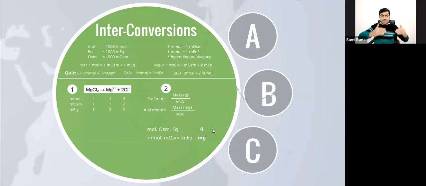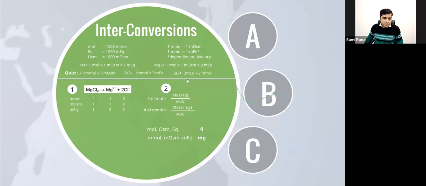Instead of turning everything down to milli level, you take it to the upper level, gram level. We will see this in our next example questions as well. So when we play at millimole, milliosmole, and milliequivalent level, you play with milligrams. Keep everything at the same level. It's going to be very helpful for you.